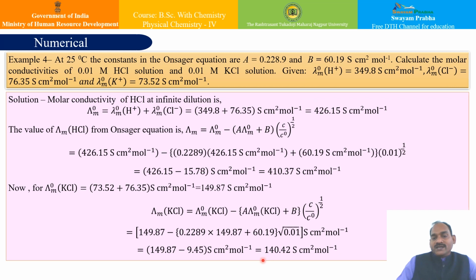One has to take care of the units and put the values at the correct places. This is how we can utilize the Debye-Hückel-Onsager equation to find the molar conductivities.